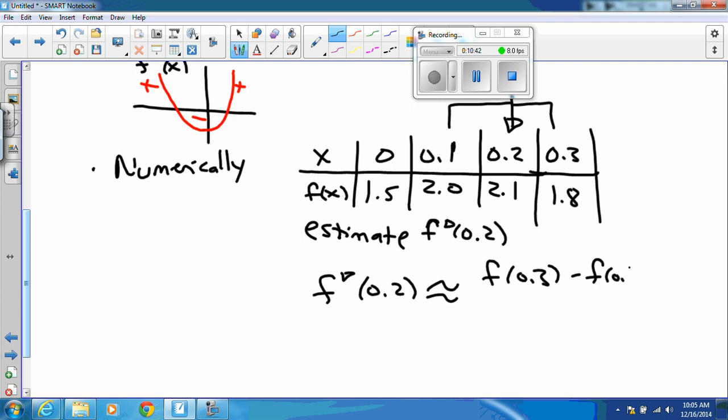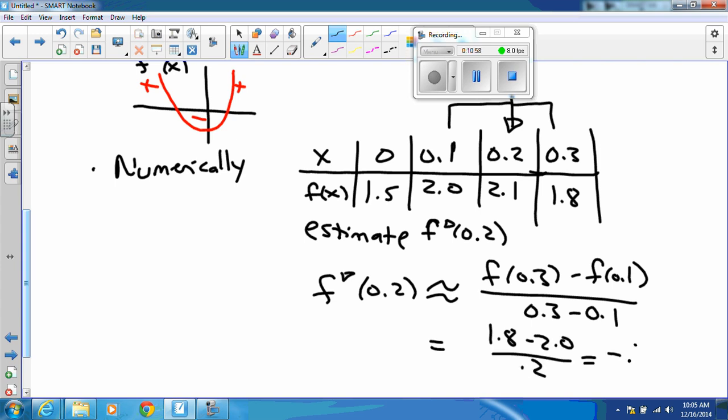My work looks like this. f prime of 0.2 is approximately change in y over change in x. And then I can plug in values. This gives me 1.8 minus 2.0 over 0.2, which is negative 0.2 over 0.2, which is negative 1.